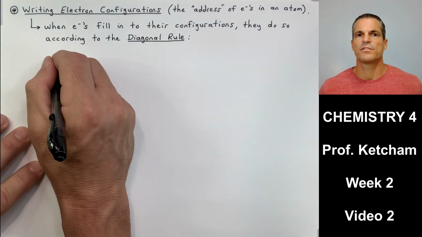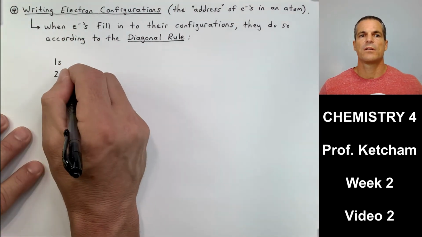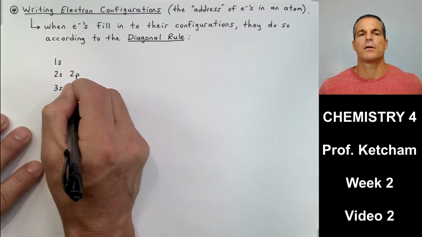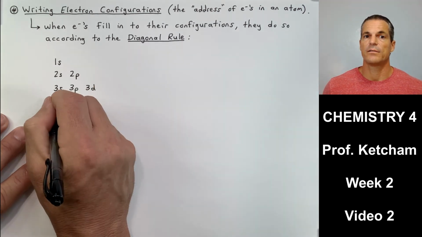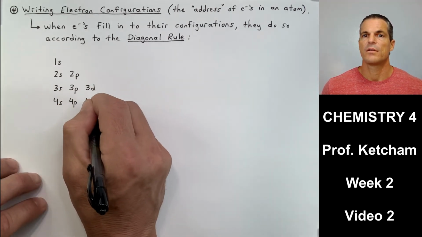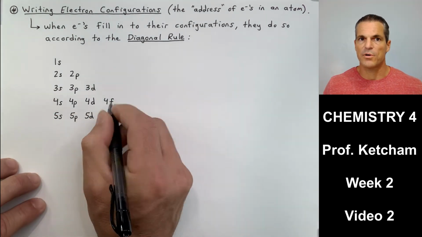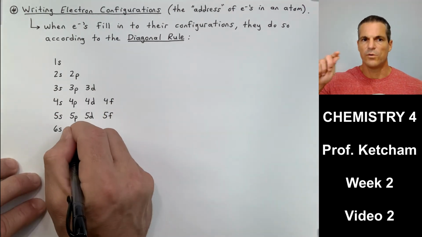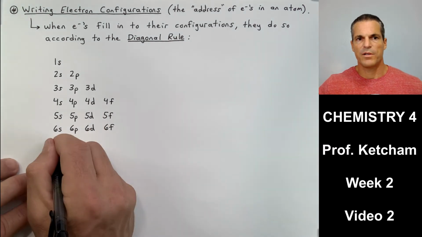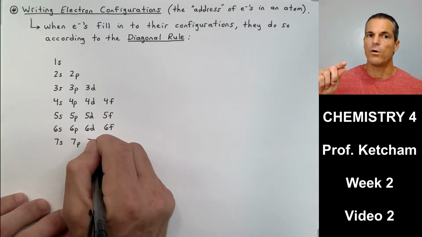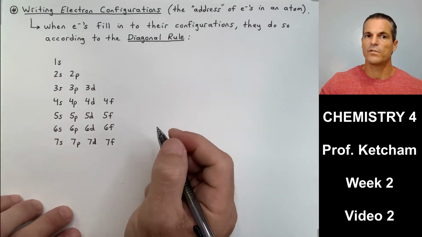All the obscure stuff we just talked about is so we can do something like this. When electrons fill into their configurations, they do so according to the diagonal rule. So you need to know how to draw this. It's 1s, 2s, 2p, 3s, 3p, 3d, and then when you get to the next row, 4s, 4p, 4d, 4f.